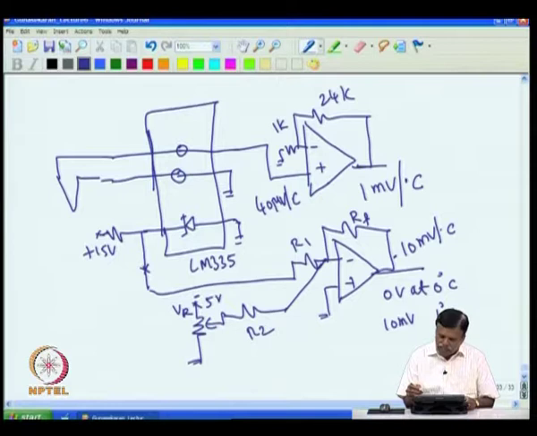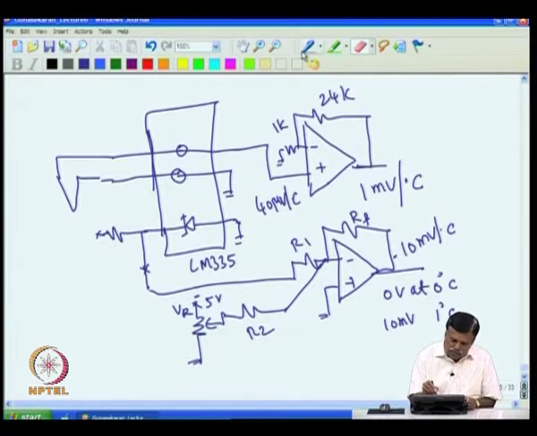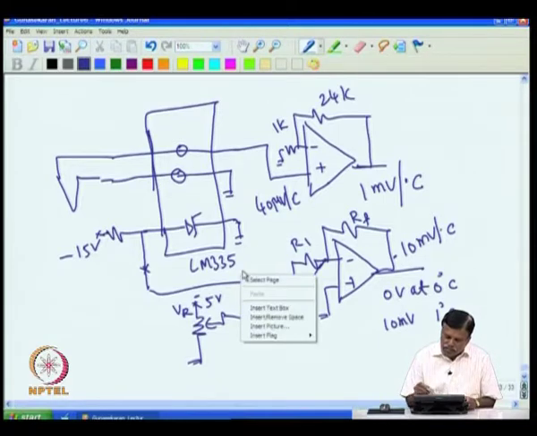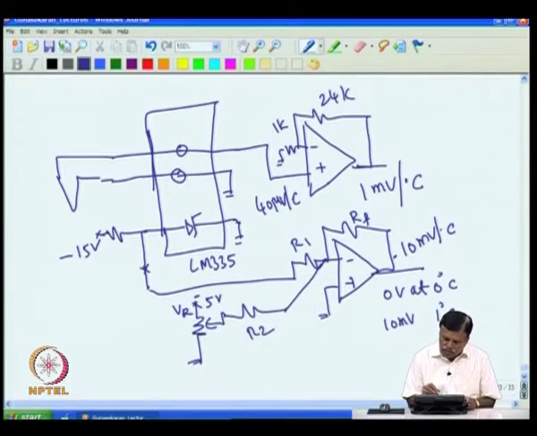I can remove this plus 15 here and put minus 15 here, then I reverse this LM335, so that now I will get minus 2.73 at 0 degree C. That minus 2.73 will come at 0 degree C. So when temperature goes up, this will go up, more minus, that will make it more plus.